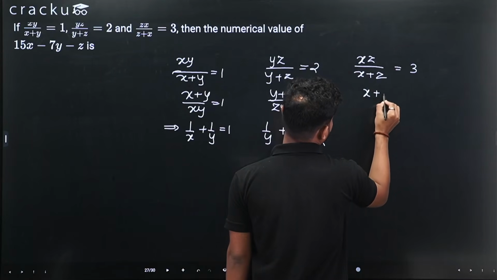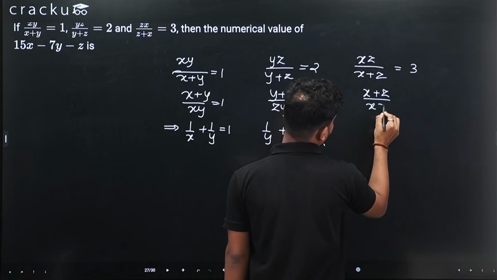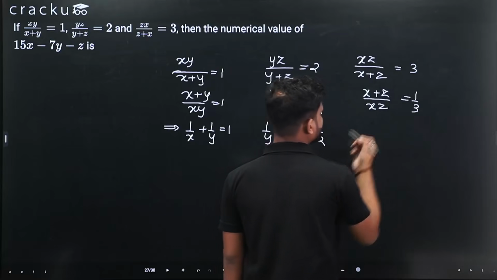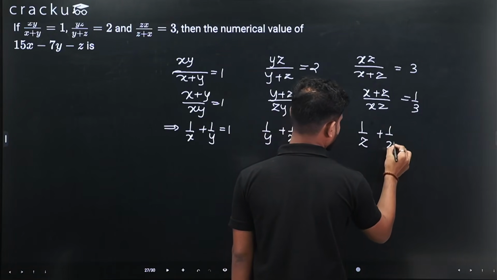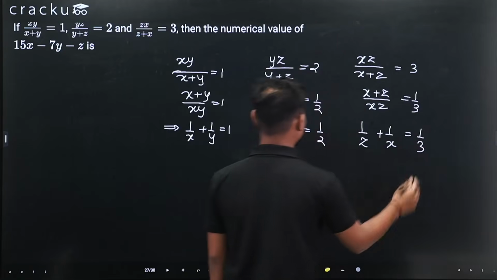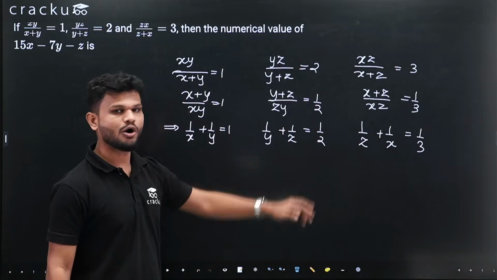Here x plus z upon xz will be 1 by 3. Split the denominator. 1 by z plus 1 by x is 1 by 3.